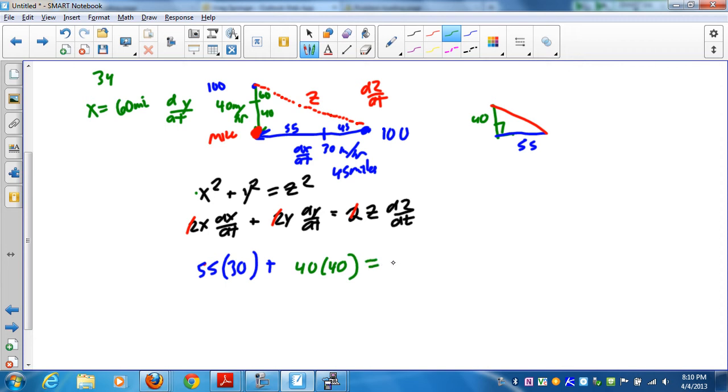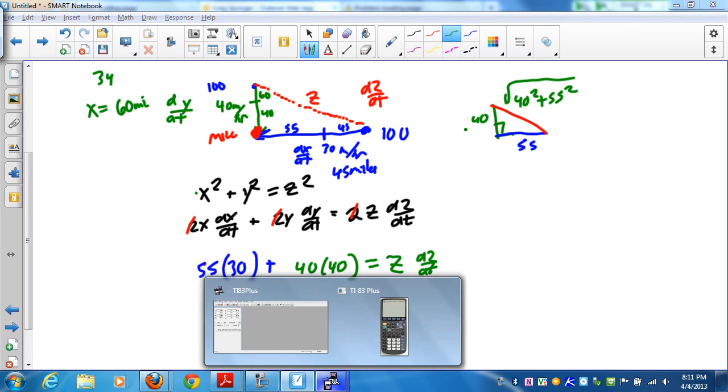And we have to figure out what z is equal to so we can solve for dz dt. So we have what? 40 squared plus 55 squared, square root of that, using the Pythagorean theorem there.